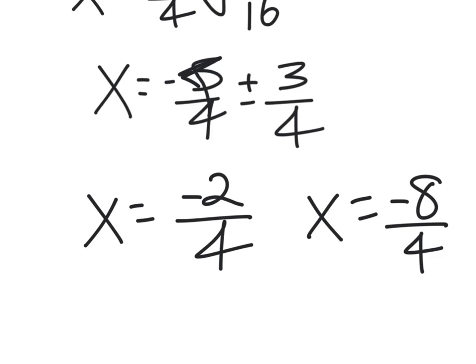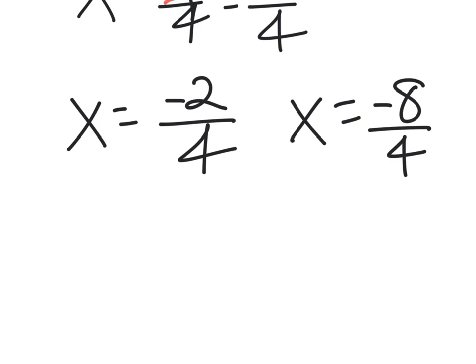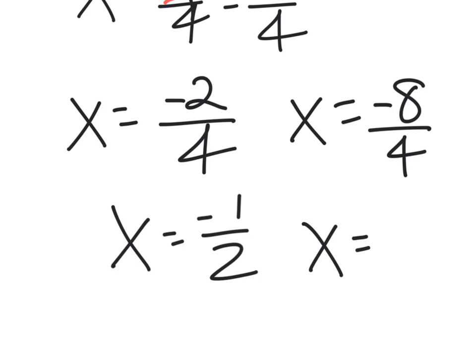Oh, negative 5 minus 3 is going to give us negative 8. We can simplify this a little bit further so that x equals, how can we simplify negative 2/4 to simply negative 1/2? And then negative 8 divided by 4 is going to give us x equals negative 2. Beautiful.